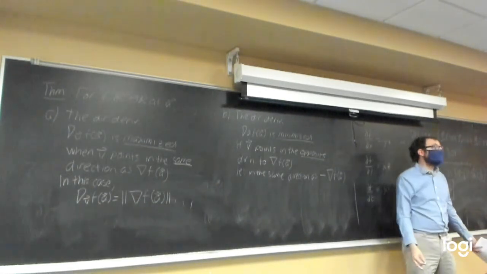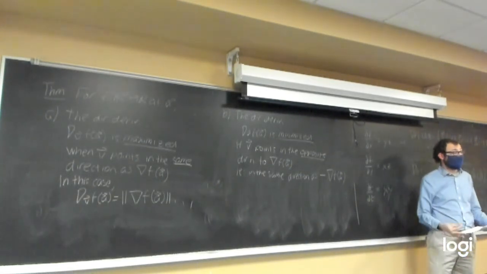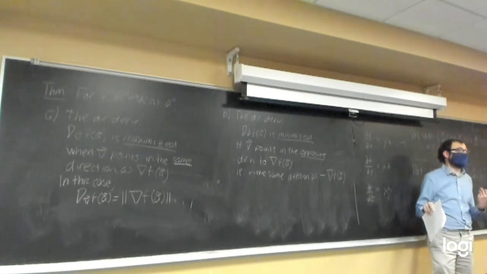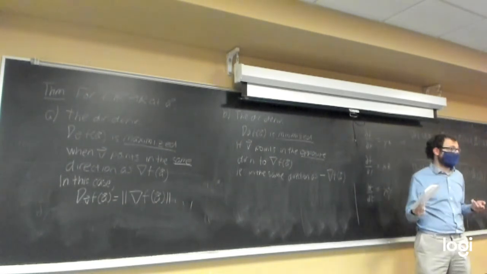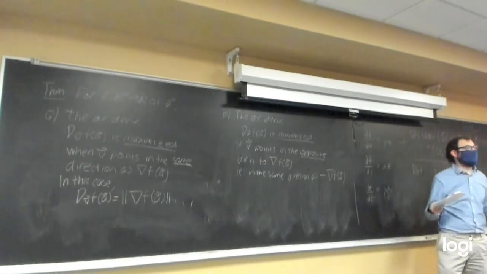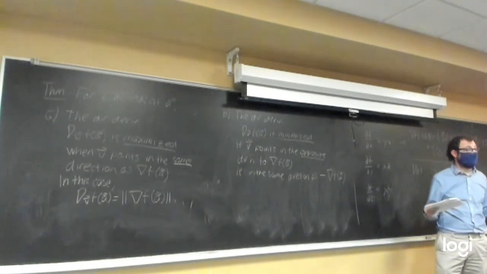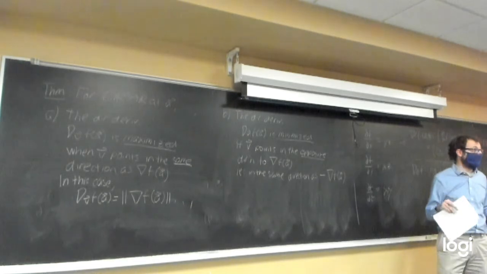So if going in the same direction as the gradient vector gives you the most uphill slope you could possibly have, traveling in the opposite direction to the gradient vector is going to give you the biggest downhill slope, the most downhill direction you could possibly travel.